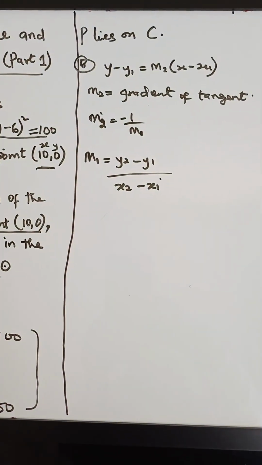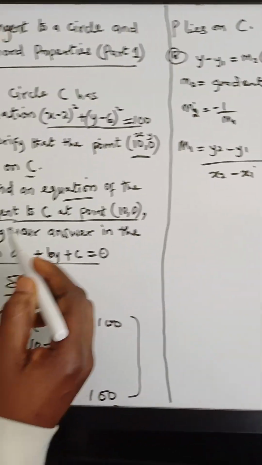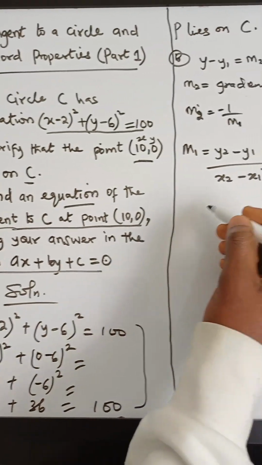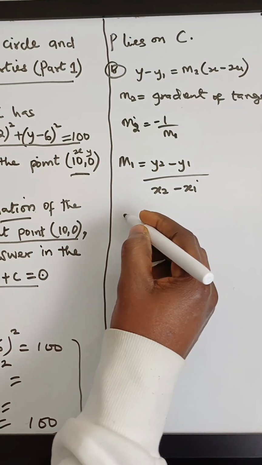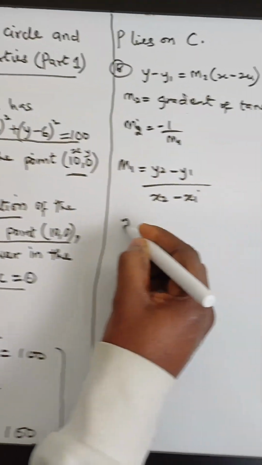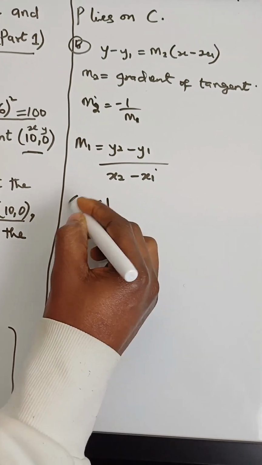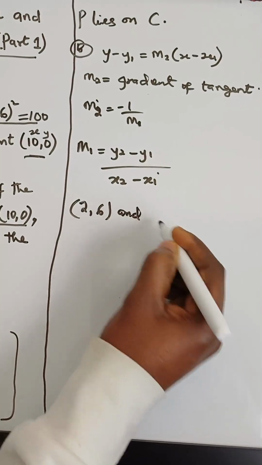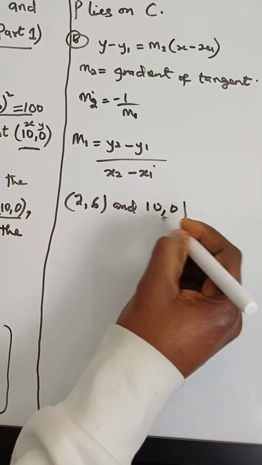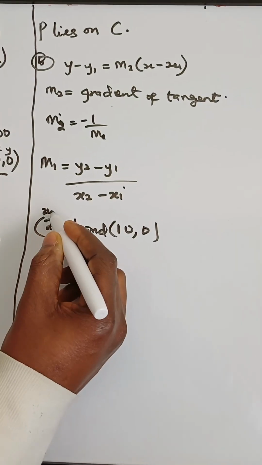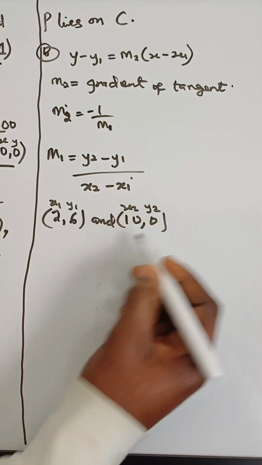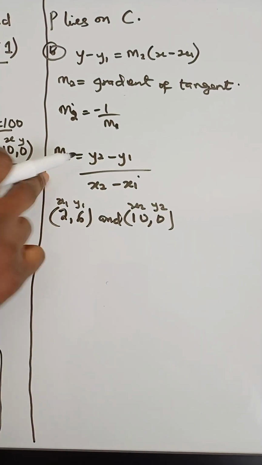So this will give us the gradient of the radius that we need to get the gradient of the tangent. Substitute in this formula. Don't forget, we have to find the equation of the tangent to the circle at the point, so we need the center. From here the center is (2, 6), and point P is (10, 0). If you call these x1, y1 and x2, y2, we can get the gradient of the radius.